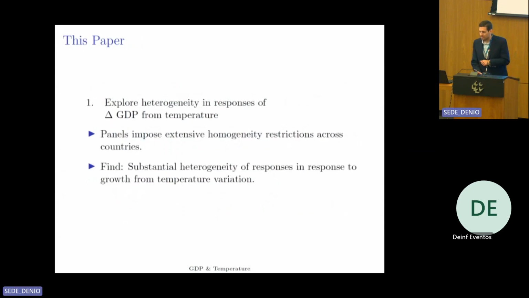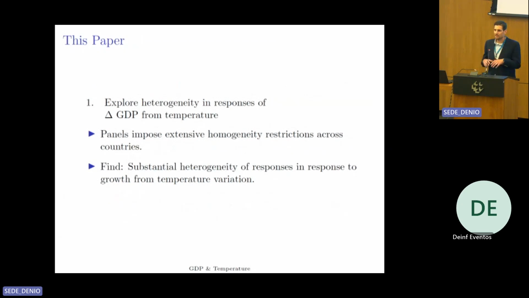So this is what we do. One thing we know is that panels, especially with time-fixed effects, impose homogeneity of the responses across countries. And so we want to explore this heterogeneity. How do the responses differ across countries, changes in GDP from temperature? What we find is that there is substantial heterogeneity in the responses of growth to temperature variation.